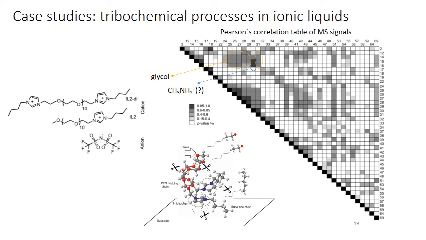So the process of degradation is very complex, and it's mainly decomposition and depolymerization of the polyethylene glycolic chain and detachment of the side butyl chain, which can be observed as the emission of butyl, the mass spectrum of the butyl part and the glycolic part.